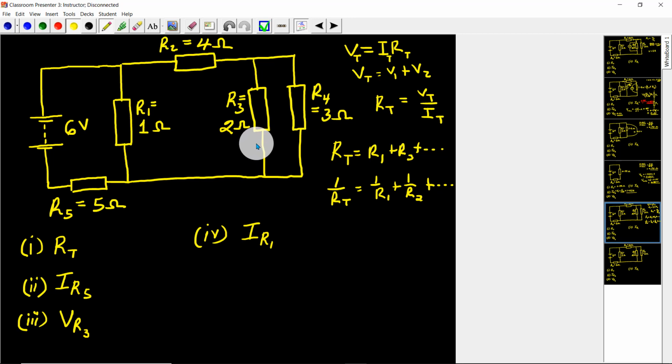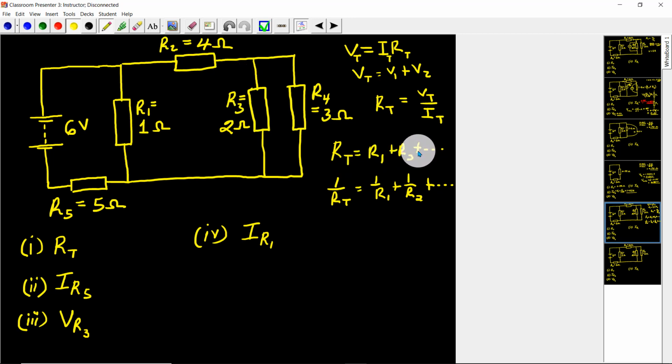Now, if you've been following the discussion, this is where you start from. You always identify those 2 or 3 resistors or even 4 resistors whereby you can use this equation or this equation directly. When I look at the whole of this circuit, there is no one point where I can use this equation directly.